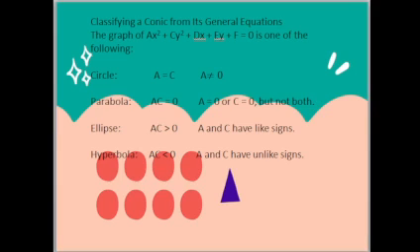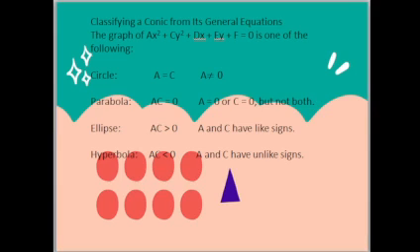Classifying a conic from its general equation: the graph of ax squared plus cy squared plus dx plus ey plus f equals 0 is one of the following. Those a, c, d, e, f are real numbers. A circle: a is equal to c, and a is not equal to 0.